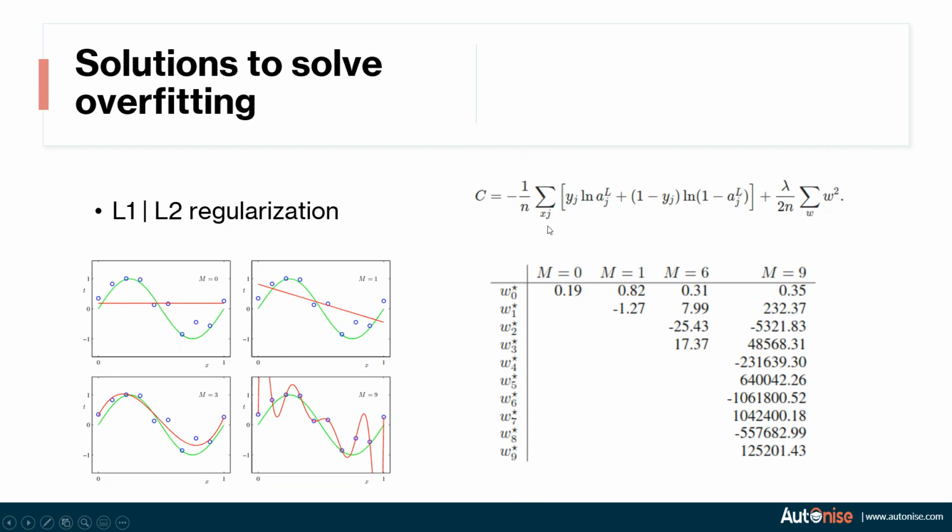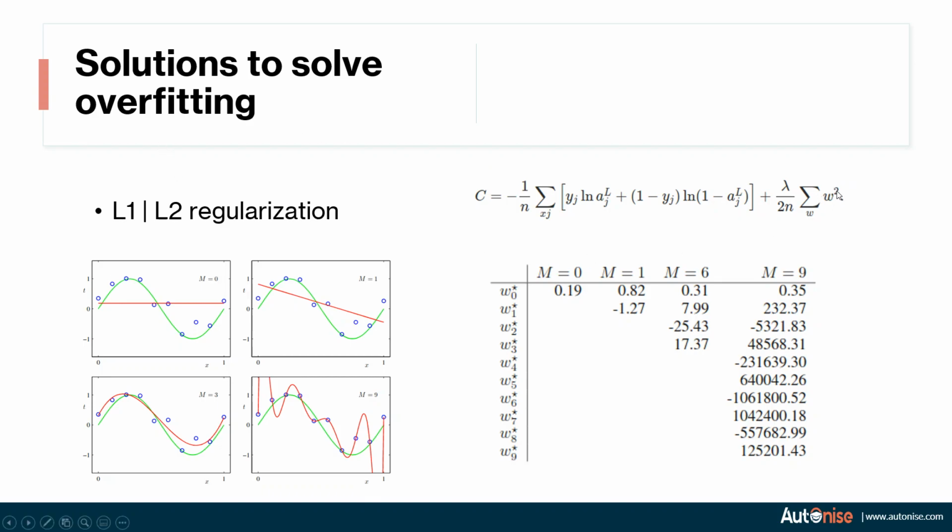Hence, if the neural network optimizes the following cost, it will have to keep the weights very small. Hence, the model will automatically converge to lower degree polynomials, which will avoid overfitting. So this is one method which is used to reduce overfitting.